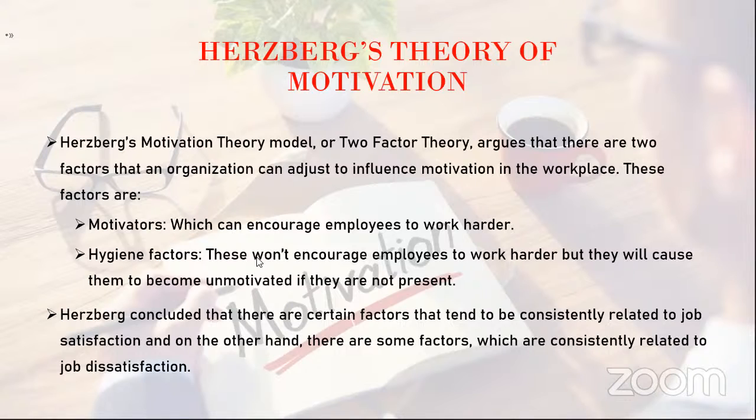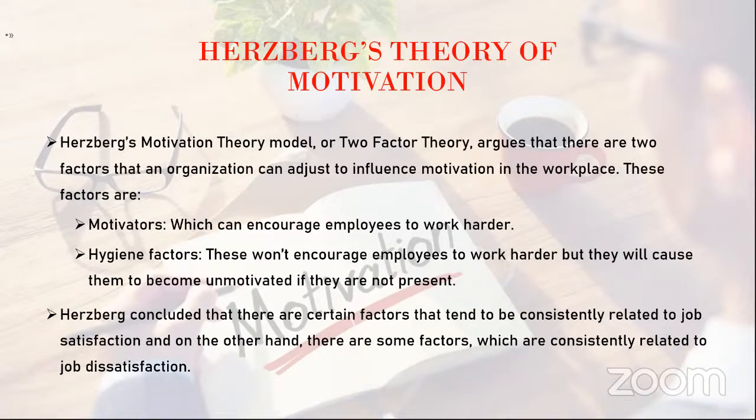Herzberg concluded that there are certain factors that tend to be consistently related to job satisfaction. It says that there are some factors which are directly related to job satisfaction, and on the other hand, there are some factors which are consistently related to job dissatisfaction.